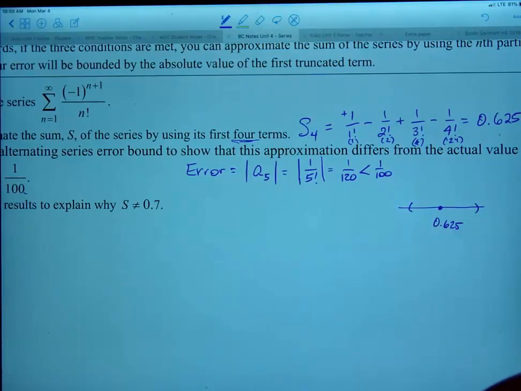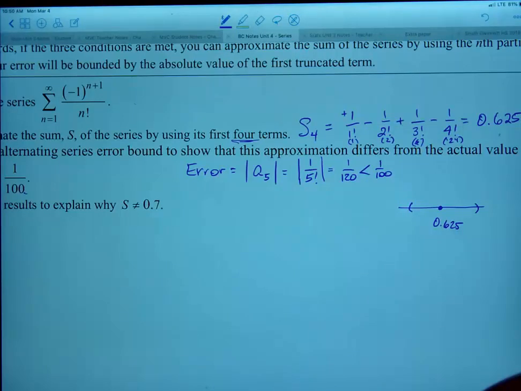The actual value is off by 1 over 120, which is less than 1 over 100. The question is asking, do you understand that the next term is the error? Do you understand that fact? And that's the calculation. That's all you got to do.